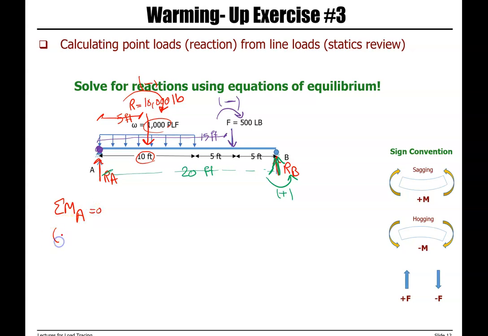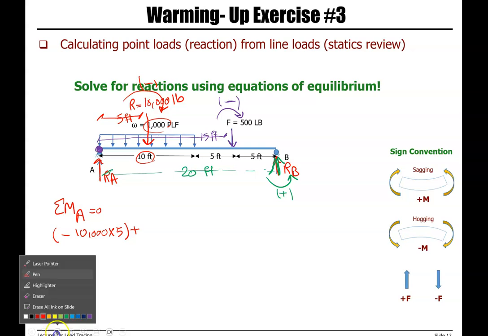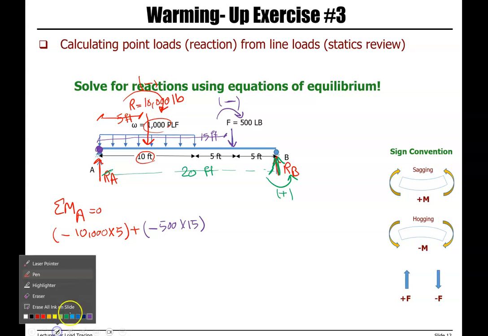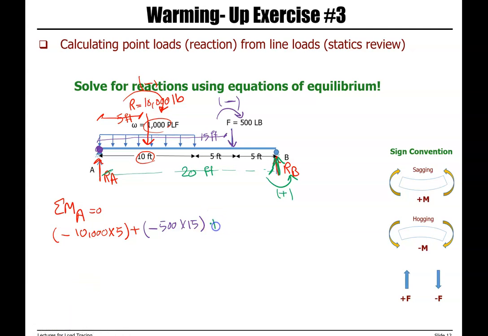We have minus 10,000 times 5 minus 500 times 15 plus RB times 20 is equal to 0.